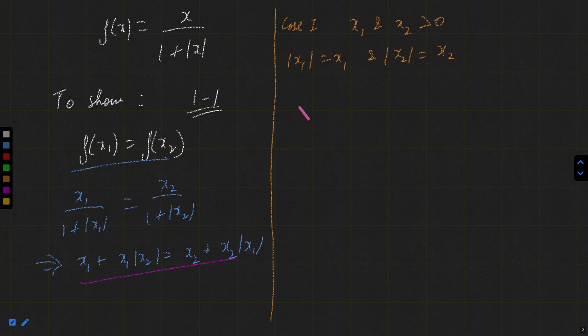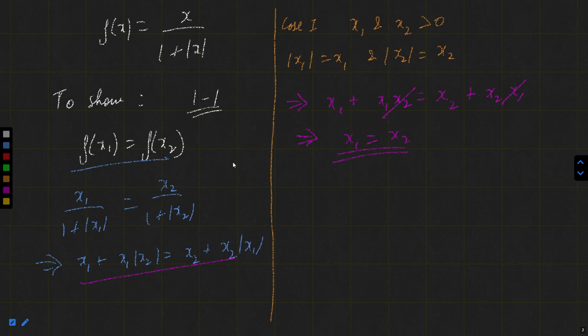This equation will turn out to be x1 plus x1 x2 equals x2 plus x2 x1. This will get cancelled, and you will be left with just x1 equals x2. So we showed this part.